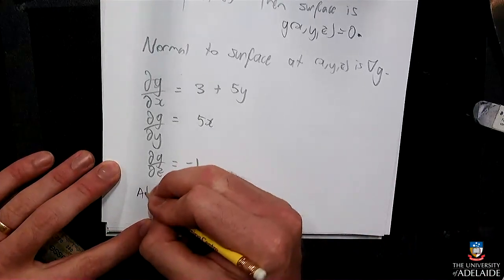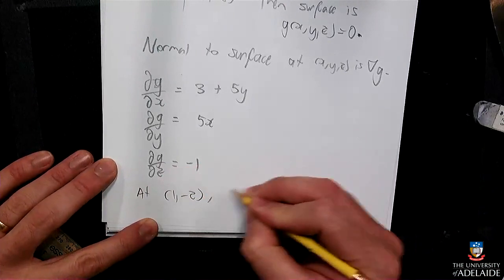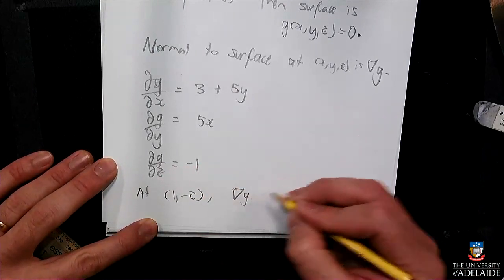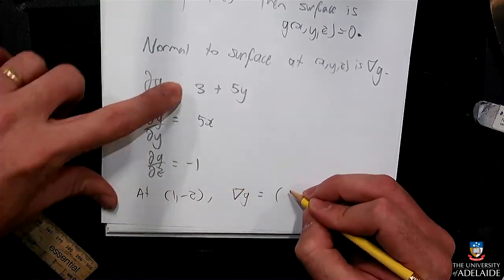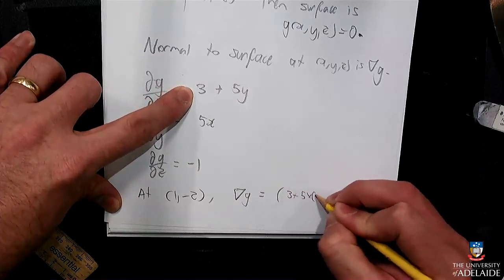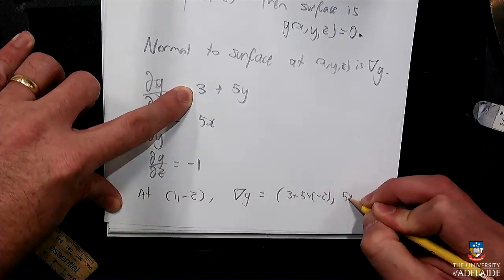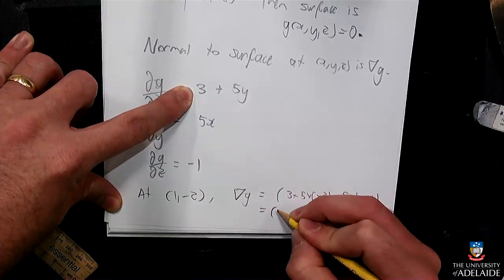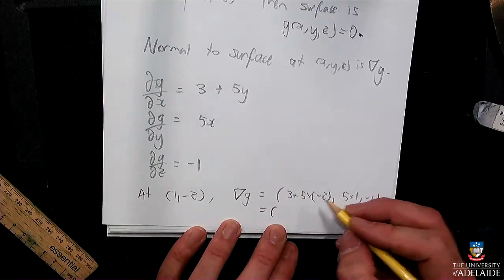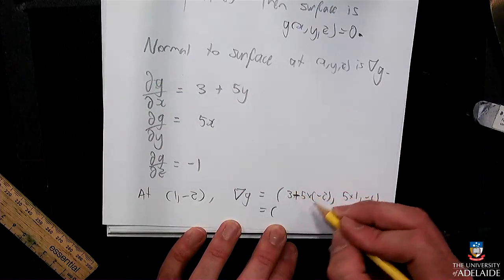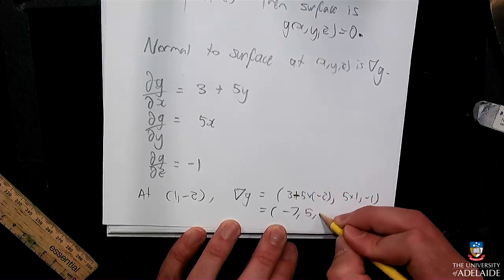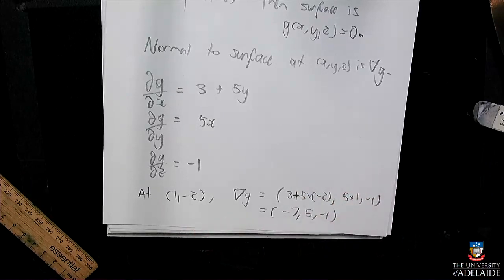So at 1, negative 2, the gradient of g would therefore be 3 plus 5 times negative 2, 5 times 1, negative 1. Okay, so 3 minus 10 is negative 7. So this vector is normal to my surface.